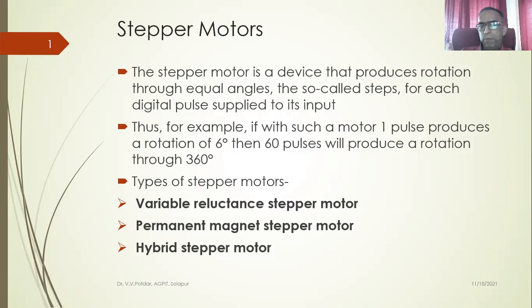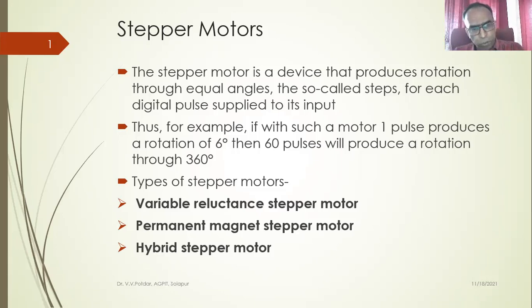So if I give 60 pulses, I can cover the entire 360 degree angular positions. These motors provide positional accuracy plus positional repeatability as well, so stepper motors provide high accuracy and high precision in angular positioning.